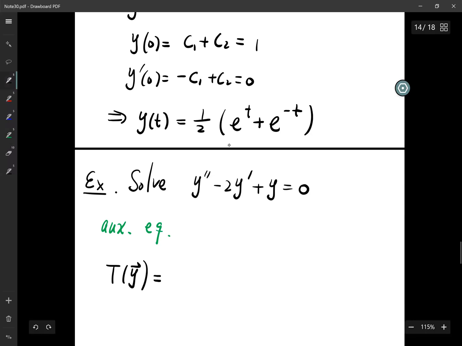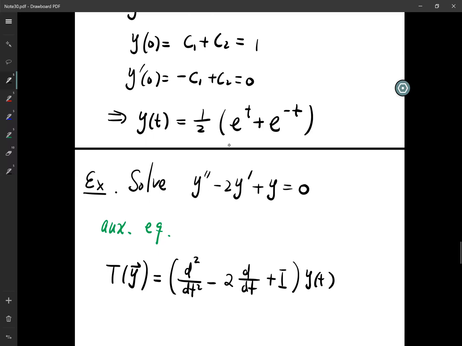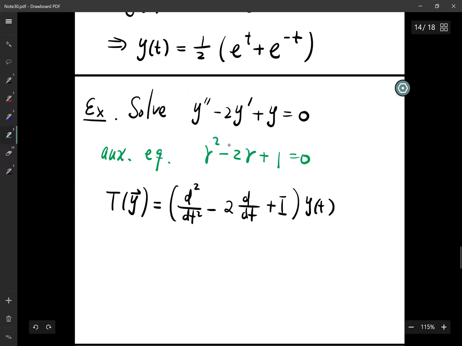This one is d squared/dt squared minus 2 d/dt plus identity acting on some y(t). We do exactly the same thing. Replace the second order derivative by r squared, the first order derivative by r, plus 1 equals 0. It's rather intuitive. Now we factorize this. We get (r minus 1) squared equal to 0.